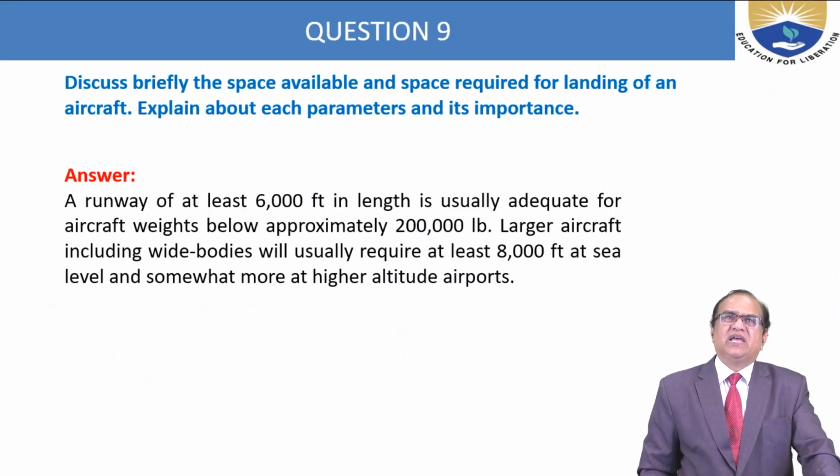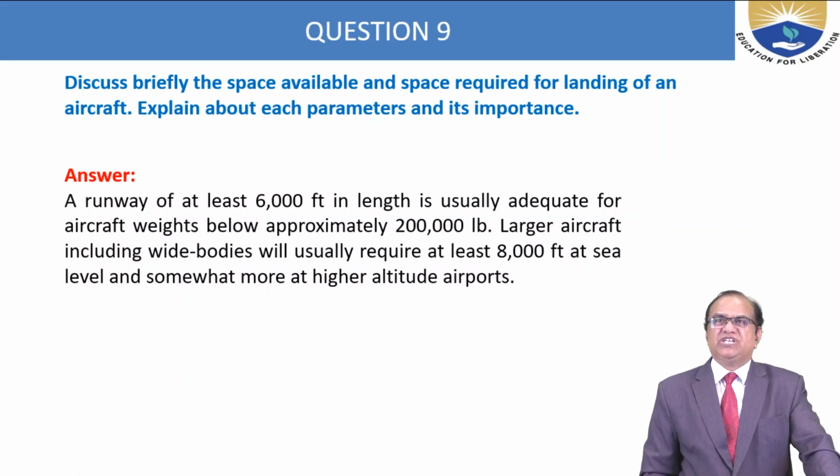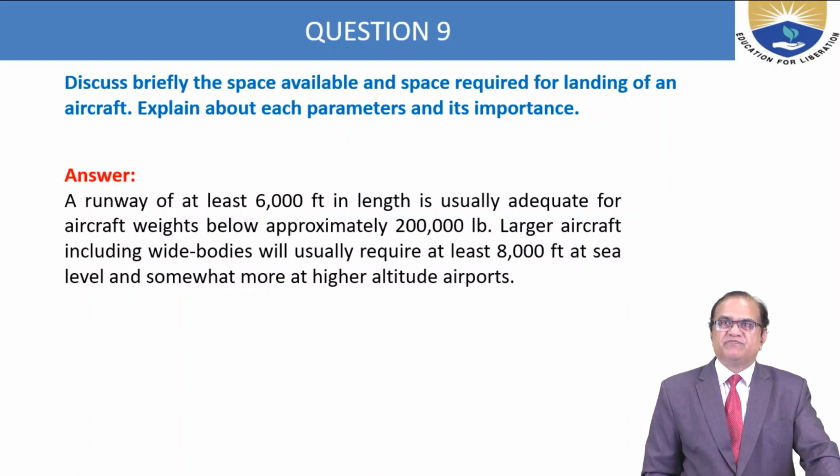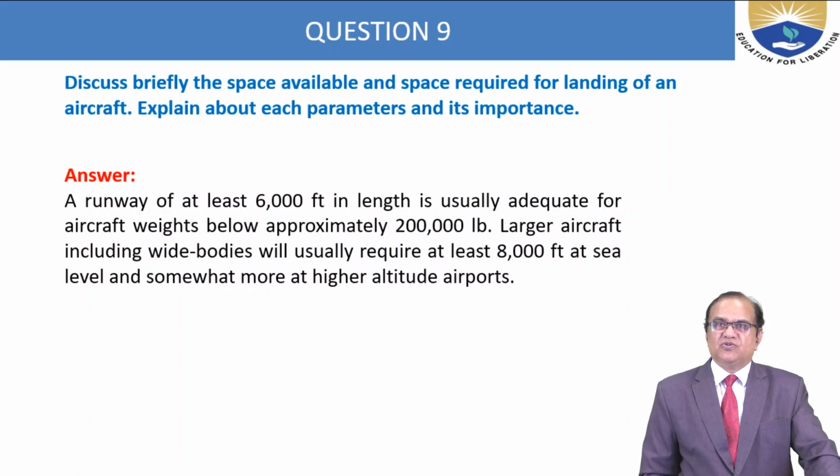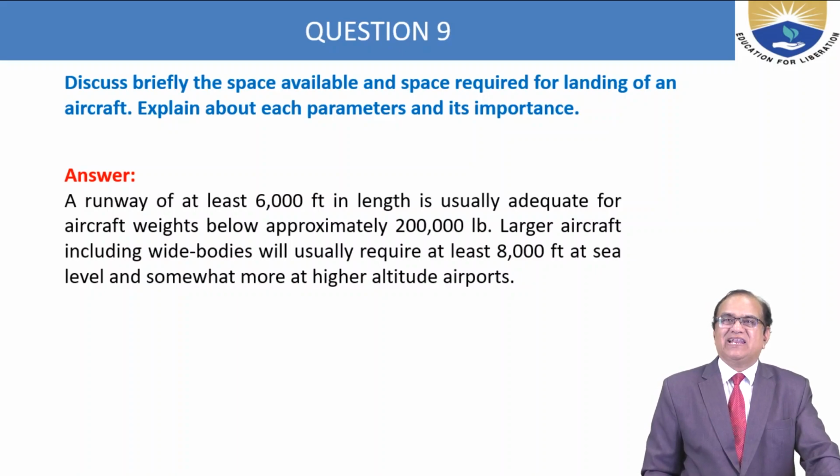Question number 9. Briefly discuss the space available and space required for landing of an aircraft. Explain each parameter and its importance. A runway of at least 6,000 feet in length is usually adequate for aircraft weighing below approximately 200,000 pounds. Larger aircraft, including wide bodies, will usually require at least 8,000 feet at sea level and somewhat more at a higher altitude.